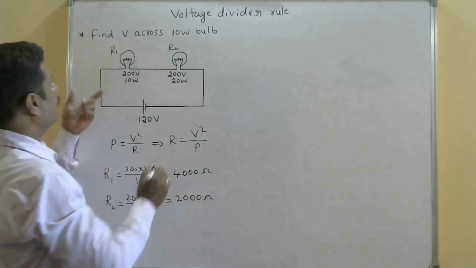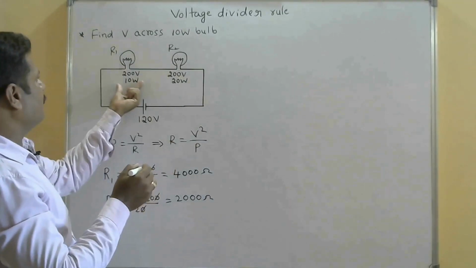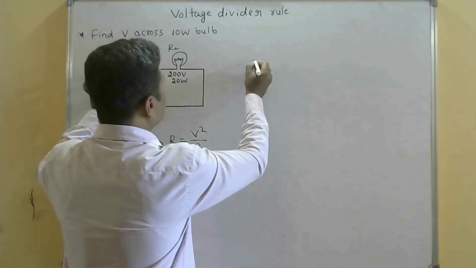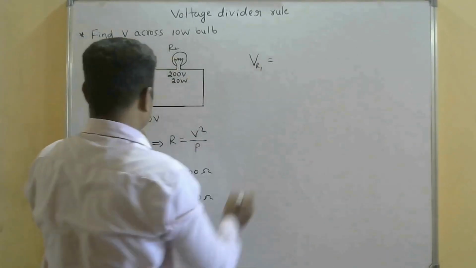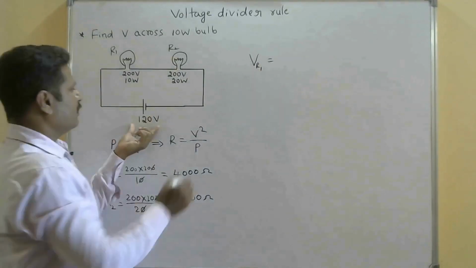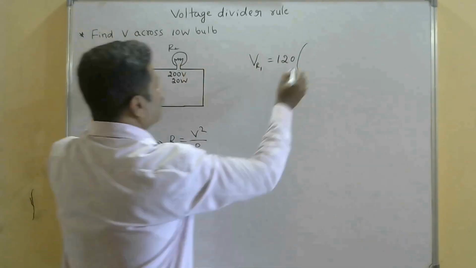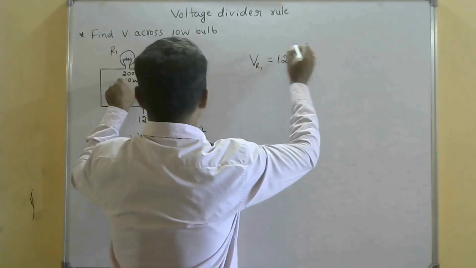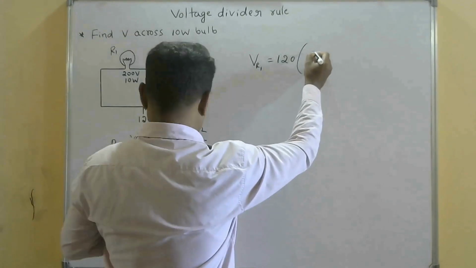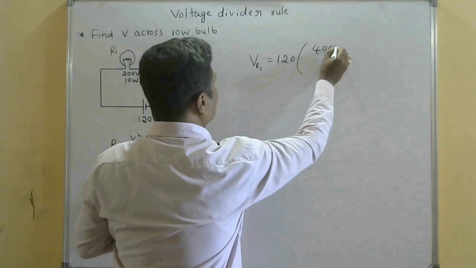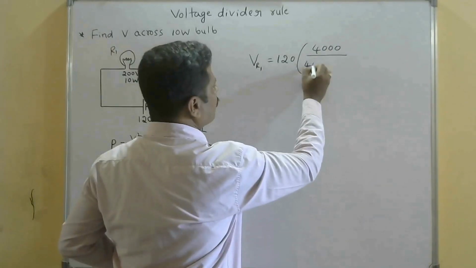Now we can find the voltage drop across this 10 watt bulb by using the voltage divider rule. The voltage drop across this R1 is equal to the total voltage applied across the combination, that is 120, times the resistance across which the voltage is to be determined, 4000, divided by the total resistance, that is 2000 plus 4000.